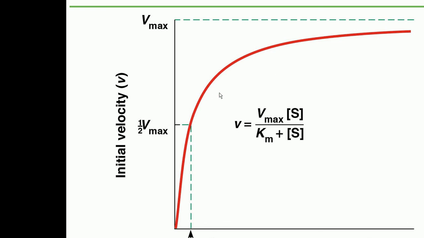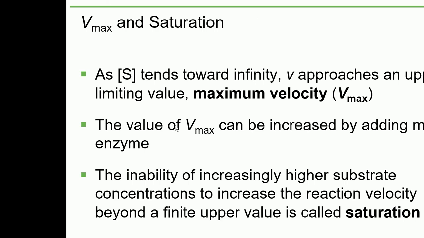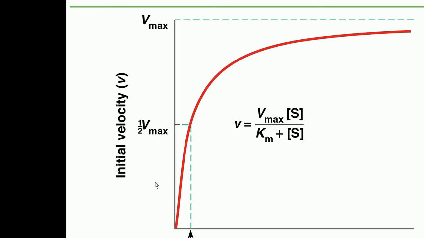Okay, so we are going to talk about what is Km, what is half Vmax, what is Vmax. Vmax is the maximum rate of reaction when we keep on increasing the substrate concentration, and this is the equation by which we can calculate the rate of reaction at any point. So we need to know what is Vmax, what is Km. Using the formula, we can calculate the reaction rate at any point.